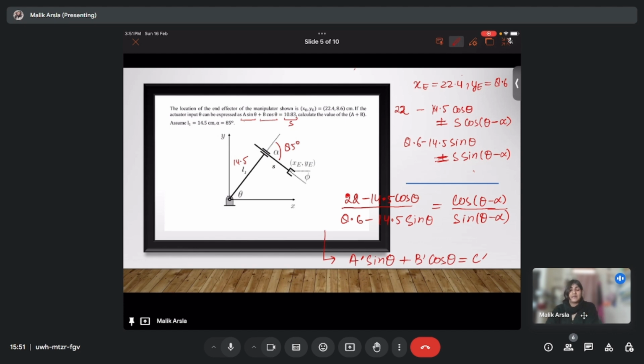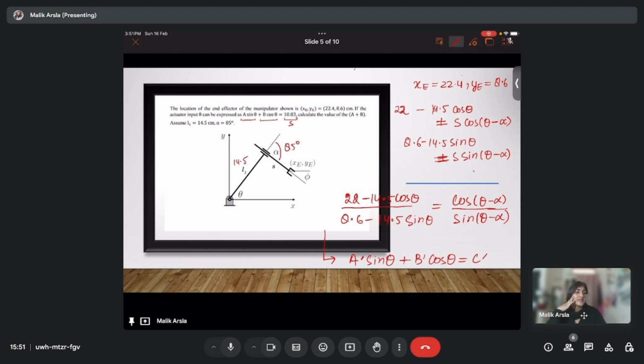See, one thing is there, it might have been coincidental that this value is coming out to be equal to s, because from this side I think there will be theta minus alpha. So in the relation, is it coming out to be a sine theta plus b cos theta equal to s? Because I think you are making some mistake. It shouldn't be like that, because this theta minus alpha will come.